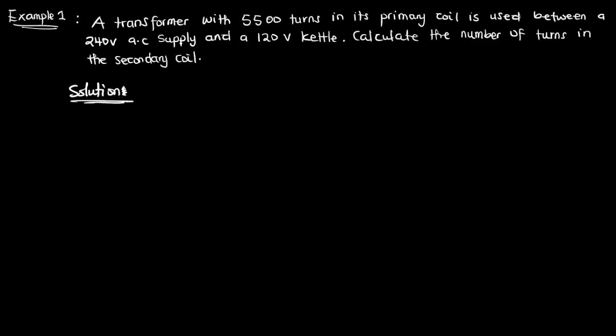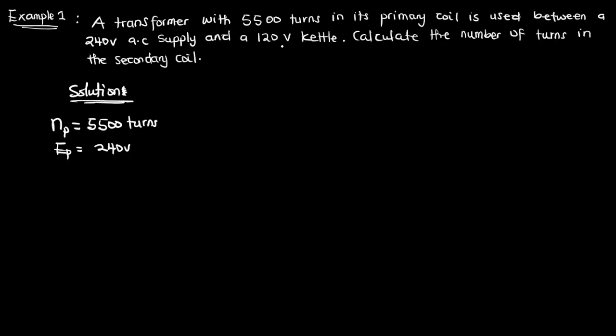They say a transformer with 5,500 turns in its primary coil, so it means the number of turns NP in the primary coil is 5,500 turns. It says it's used between a 240 volt AC supply, so the supply, which is the input voltage, means EP, the primary voltage, is 240 volts.